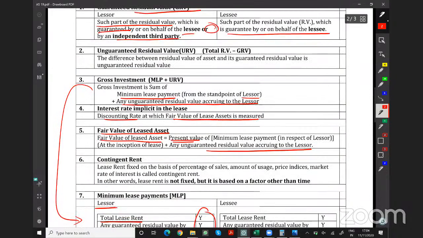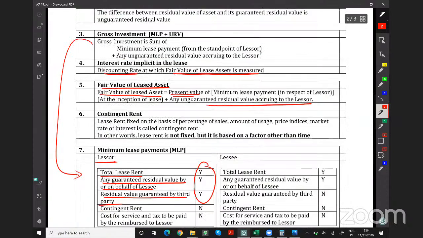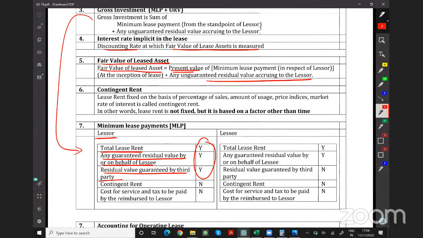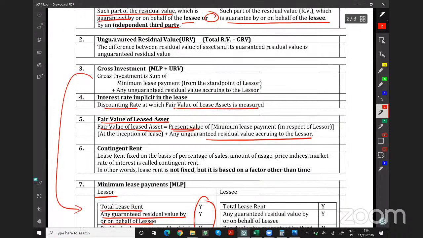Gross investment is minimum lease payment, which is total rent receivable plus guaranteed residual value, plus unguaranteed residual value.